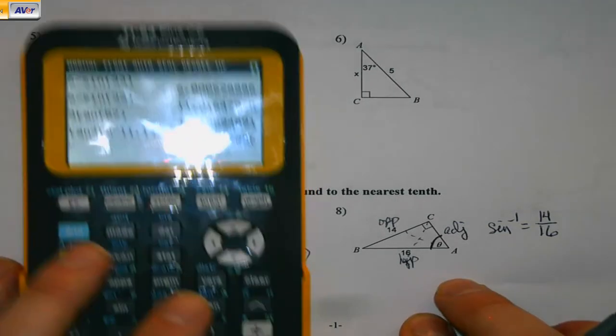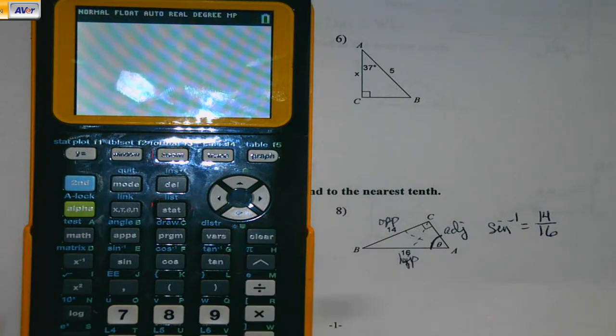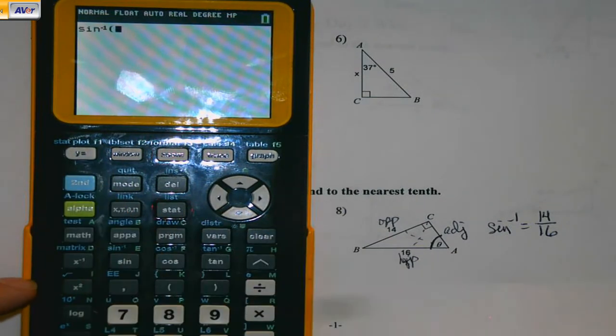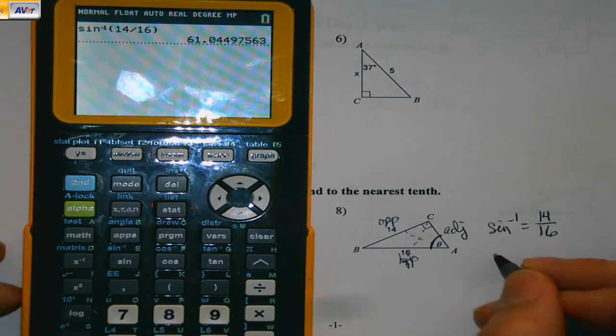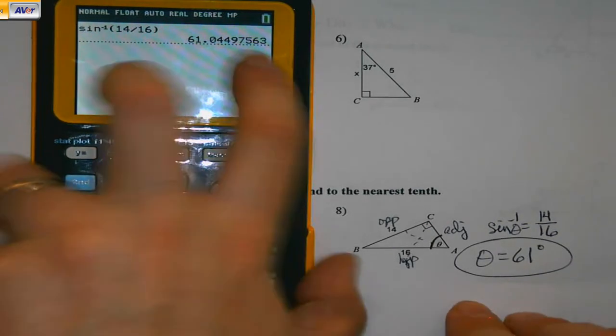So, see if I can avoid the glare a little bit, maybe. Second sine, to get my little -1. And it looks like theta is going to be 61 degrees.